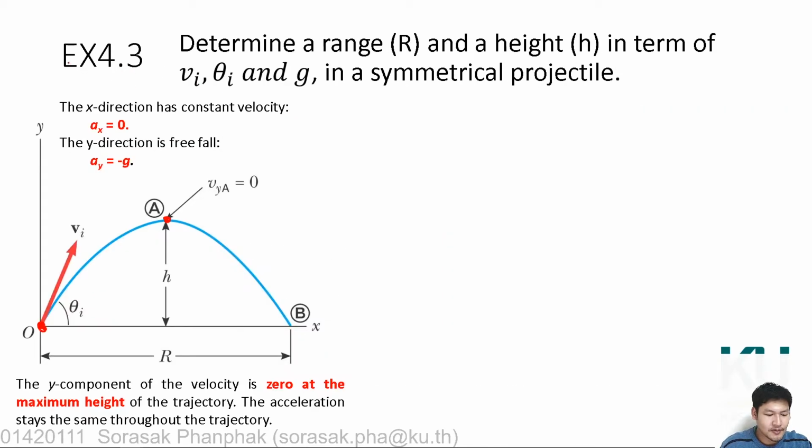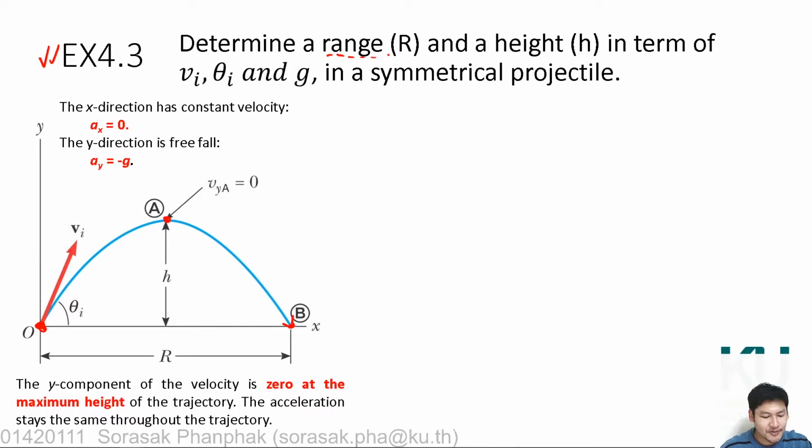This is example 4.3. We would like to determine the range, which is the distance from the first point to the final point as this particle moves upward and reaches down to the ground, and the height, which is the maximum height h of this pathway.